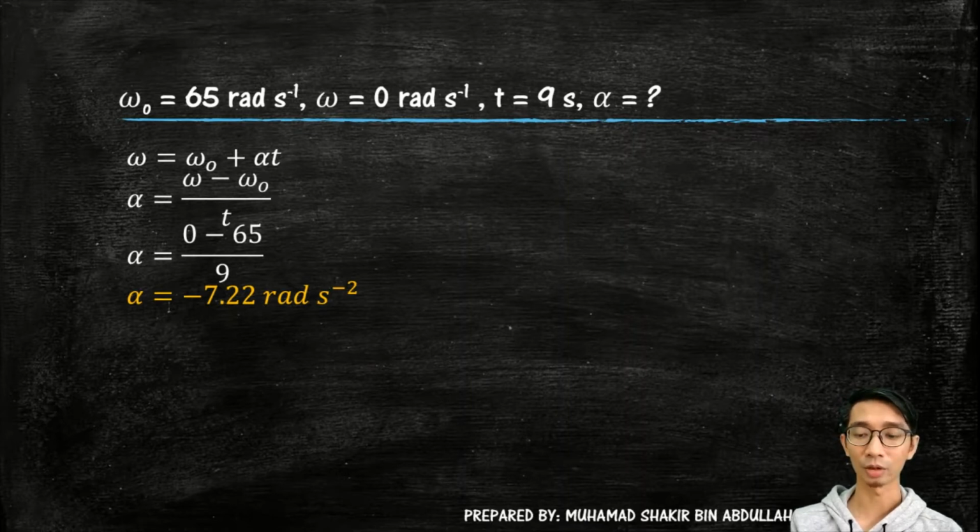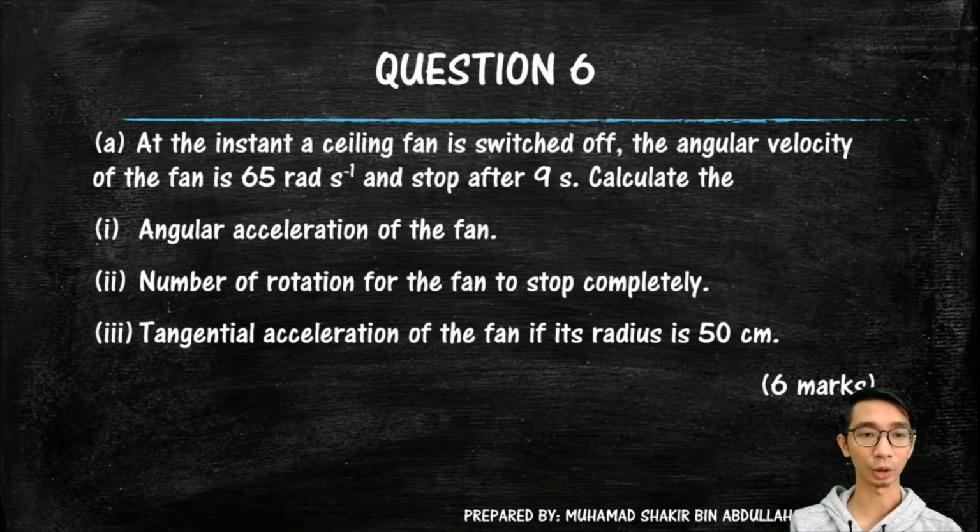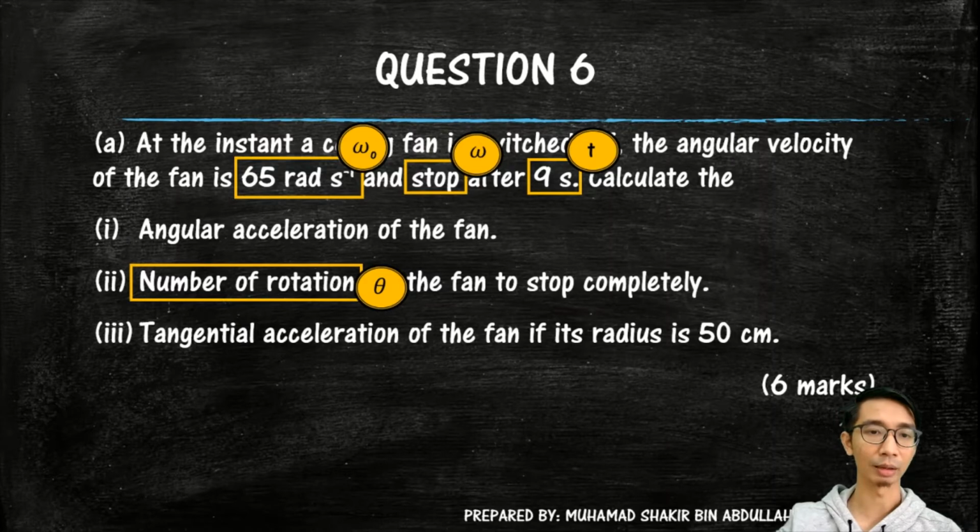Next, part 2: the number of rotations for the fan to stop completely. So how many rotations does the fan make before it stops? Actually, number of rotations is an angular displacement, and the symbol for angular displacement is theta.